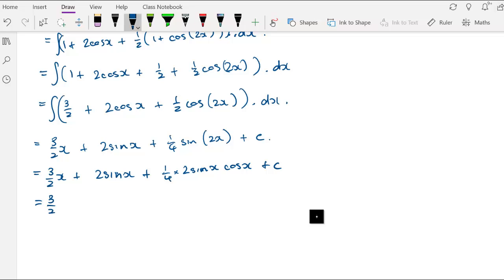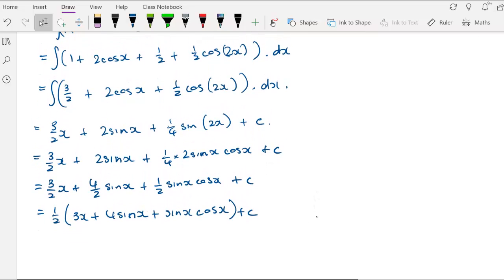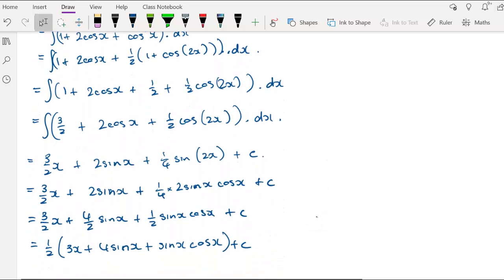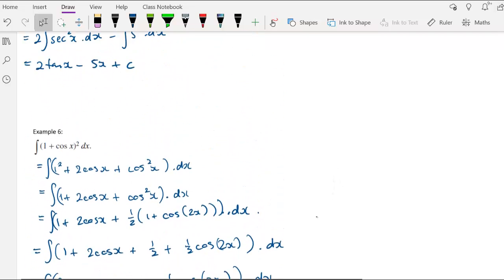So we have 3 on 2x, we have 4 on 2 sine x, and we have 1 on 2 sine x cos x, which leaves us with 1/2 3x plus 4 sine x plus sine x cos x plus c. So that will be our final answer. So again, it's that manipulation first before integrating that makes the problem more accessible.